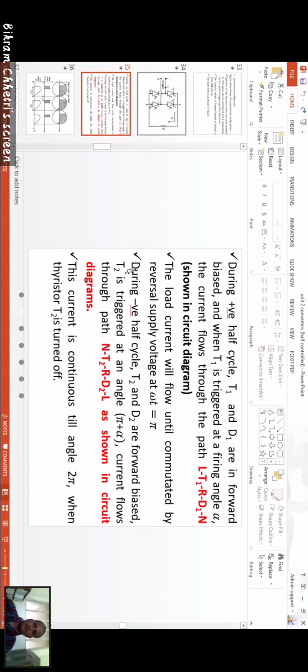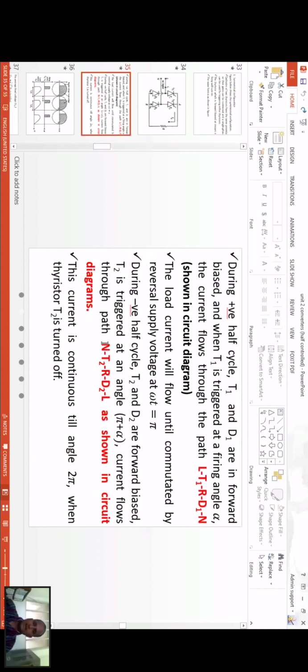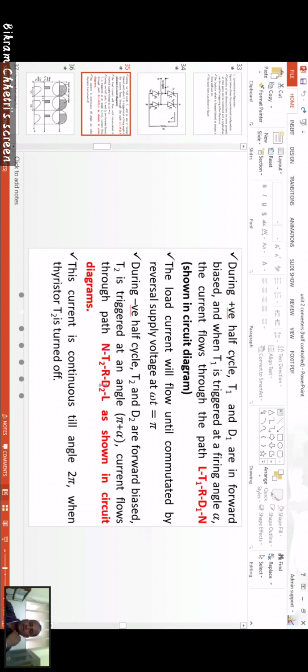It will flow from N, T2, R, D2 and L. But in the positive half cycle, it flows from L, T1, R, D1 and N. So please remember this: during the negative half cycle, it will flow from N, T2, R, D2 and L, but during the positive half cycle, it will flow from L, T1, R, D1 and N.